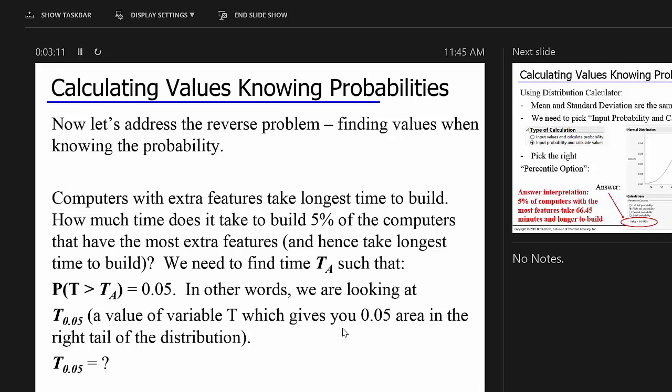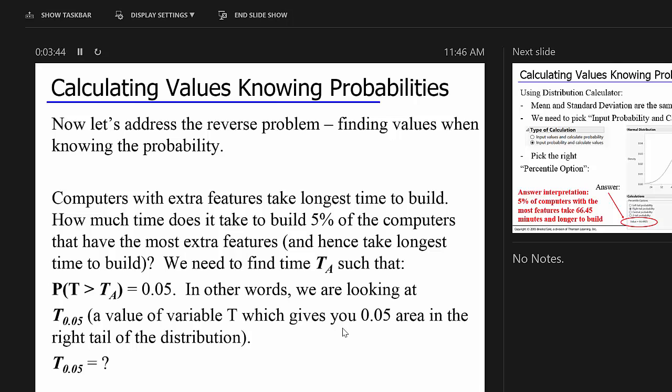According to the notation we just discussed, I'm going to call it t with the subscript 0.05: the value of the random variable time t that cuts off 5% of the area in the right tail of the distribution. Make sense? This is a reversed problem. Before, we knew the values and wanted the probability. Now I know the probability, give me the value.